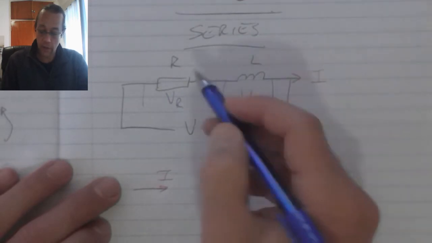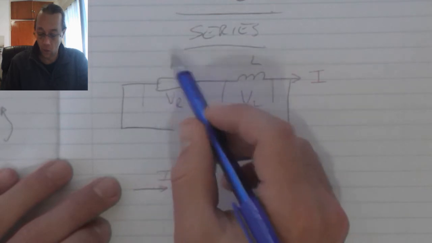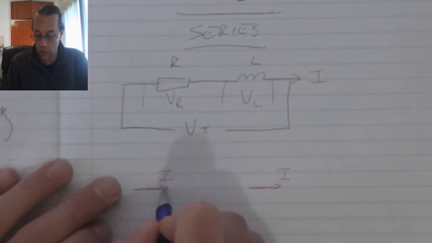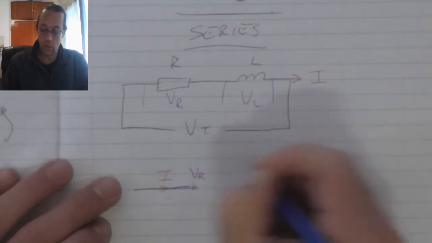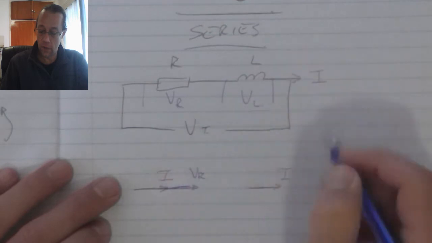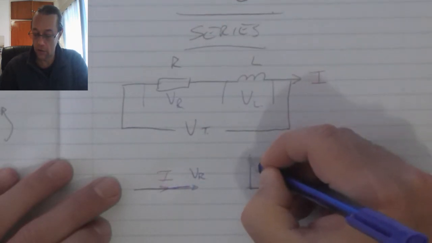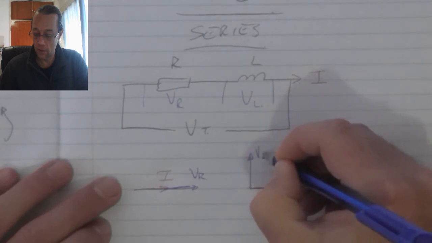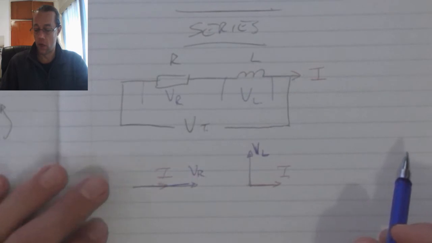When it comes to the voltages, however, the resistor will generate a voltage that's in phase with the current flow, and the inductor will have the leading voltage because of the back EMF that it generates.